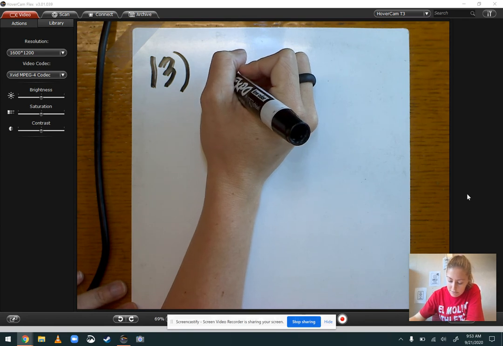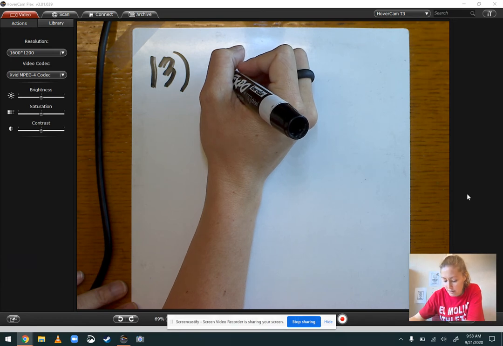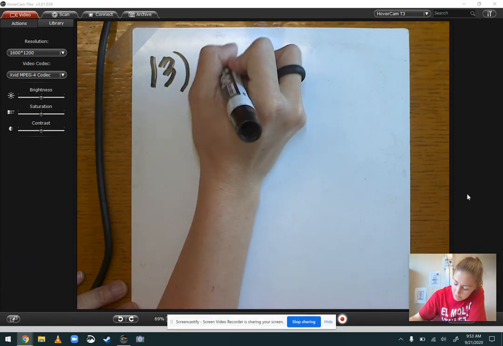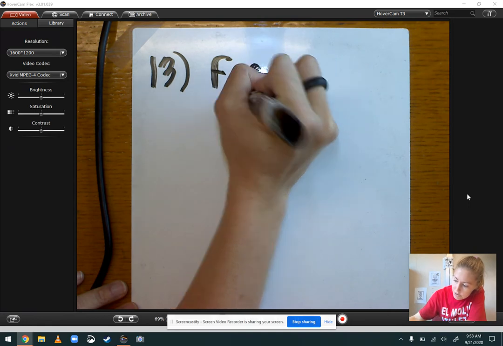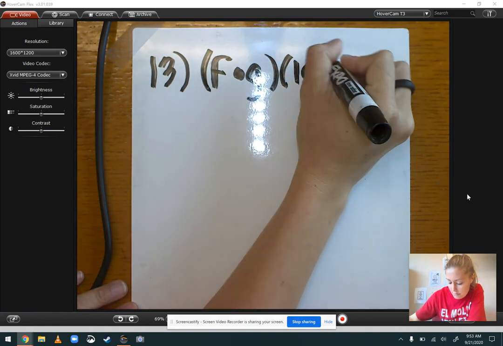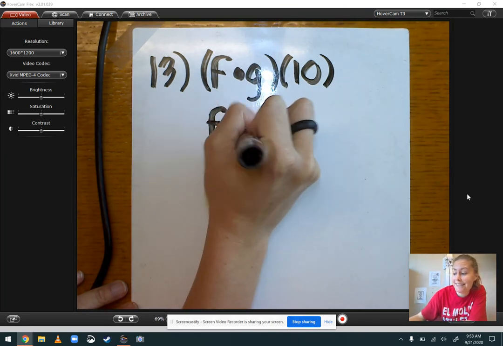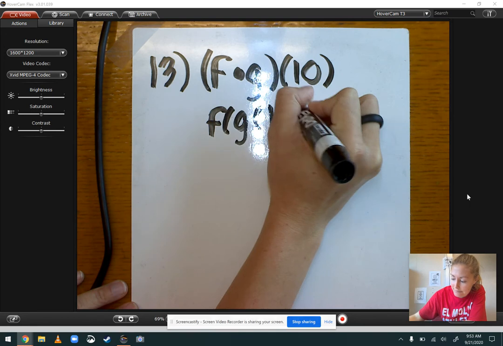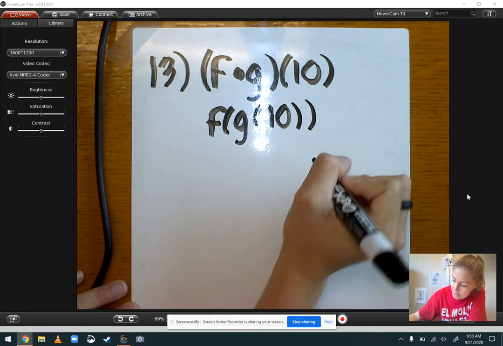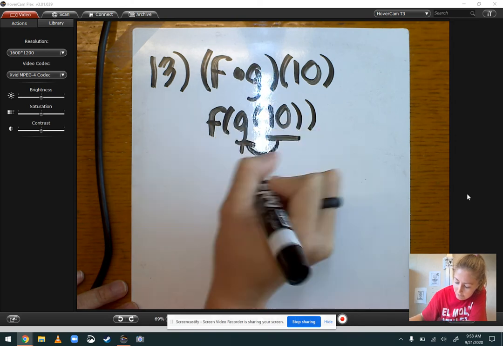If f of x is equal to negative 9x minus 9, and g of x is equal to the square root of x minus 9, find f circle g of 10. So we're finding f of g of 10. We're going to take 10 and plug it into g.